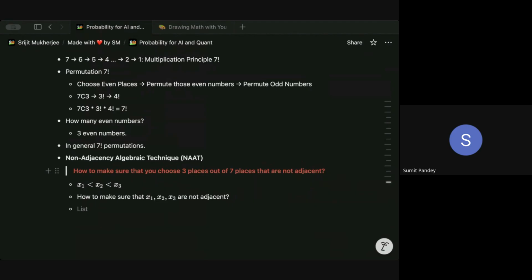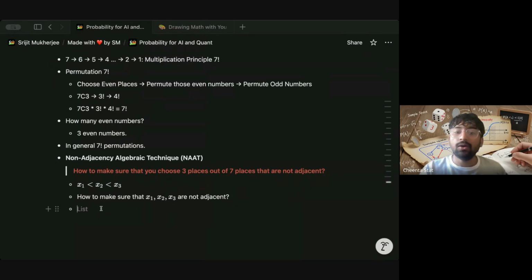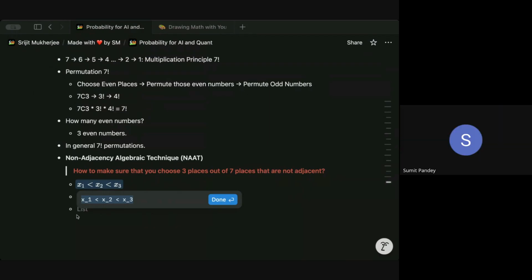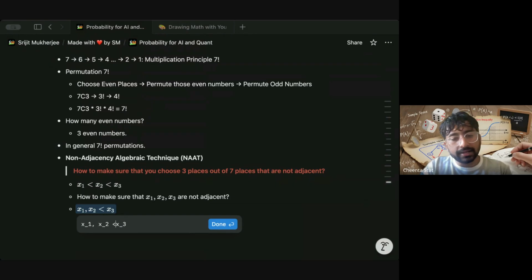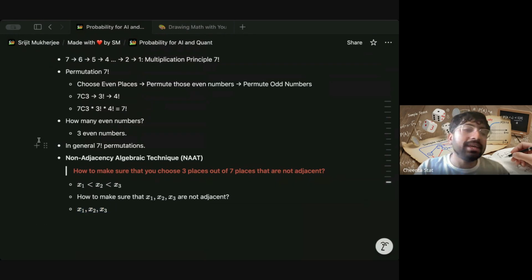So, creating a difference of one or greater than one, how can we do it? What is one approach? Sir, we can transform x2 equals x1 plus 1 or x1 plus 2. That's close. Yes, go ahead.